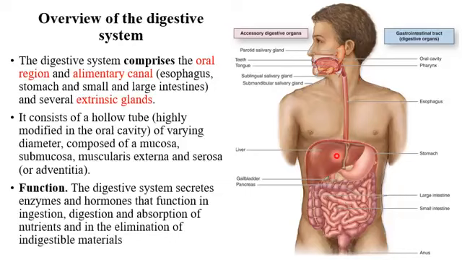These function in digestion, absorption of nutrients, and elimination of indigestible material. Additionally, the inner layer of the GI tract, the mucosa, performs an important barrier function. It separates the luminal content of the GI tract from the internal environment of our body.